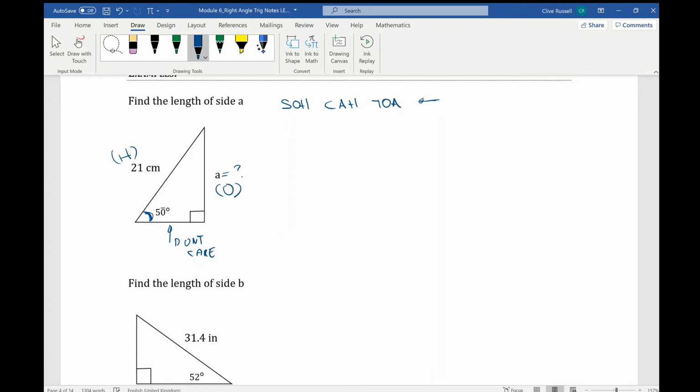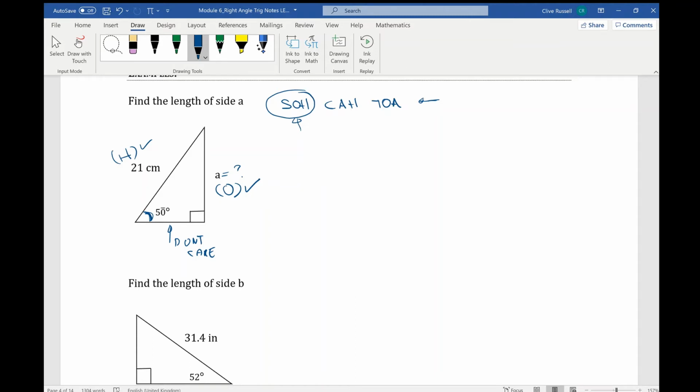So we are looking for a relationship involving the opposite and the hypotenuse. So what is that? Well, it's this one here. It says sine is opposite over hypotenuse. So we now use the sine ratio, the sine of the 50.